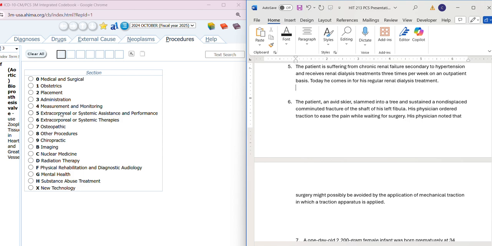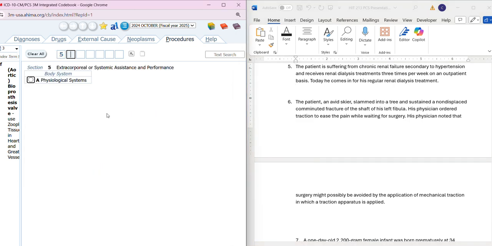So for dialysis, the section that you do dialysis is this extracorporeal or systemic assistance and performance. Because when you think about it, what is dialysis? Dialysis is basically helping your kidneys work via an outside machine.